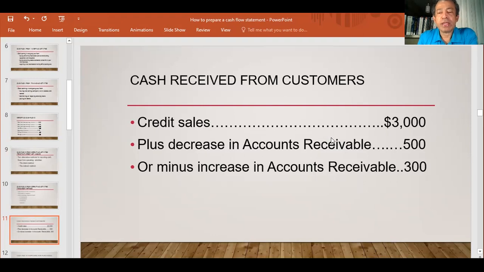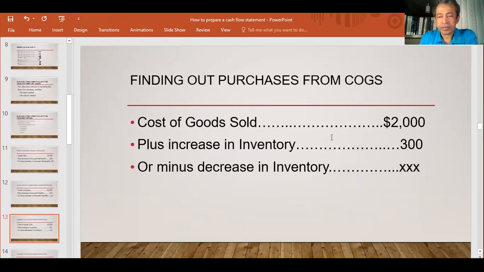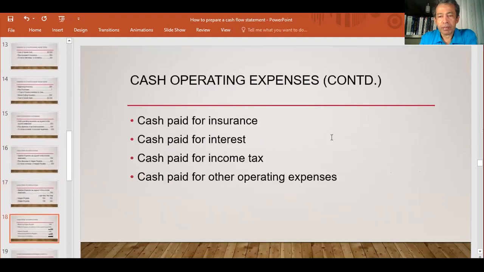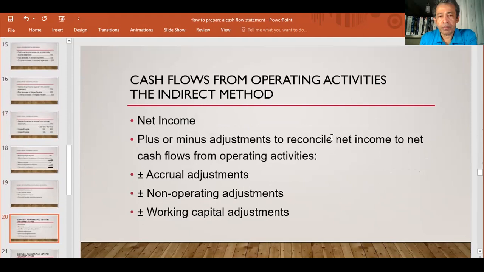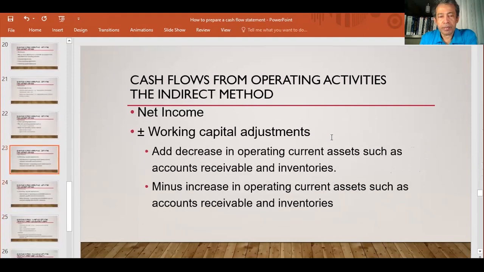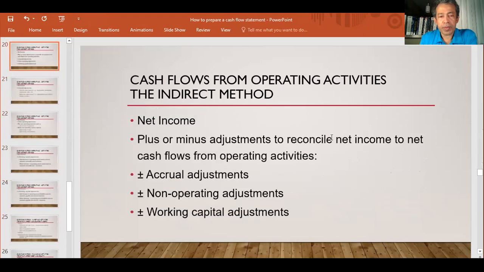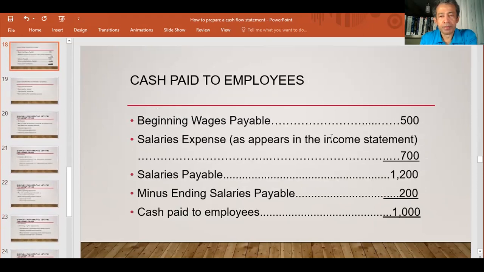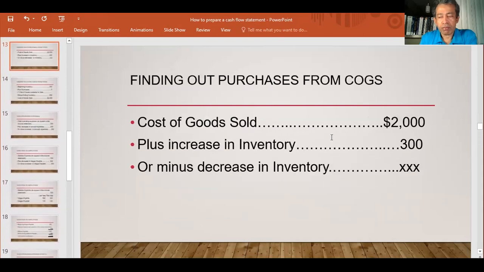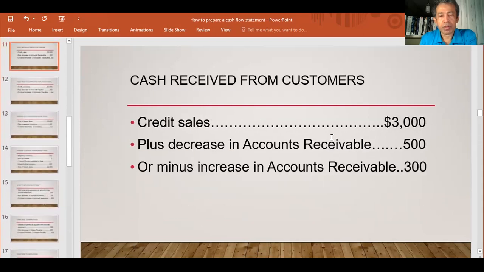Now, why is the decrease in accounts receivable added? Let's go back to that credit sales example.